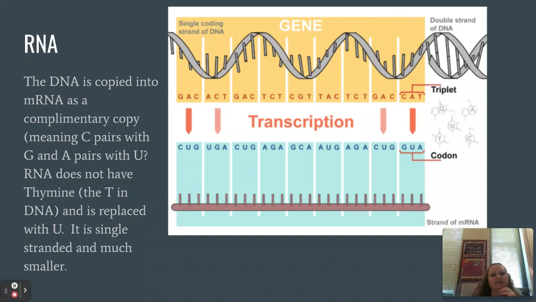So you'll notice, all of the places where there would be a T are now U's. And if you notice too, we've got 3 letter segments marked off. These we refer to as codons. Each codon is going to code for a specific amino acid. So they always work in these triplets.